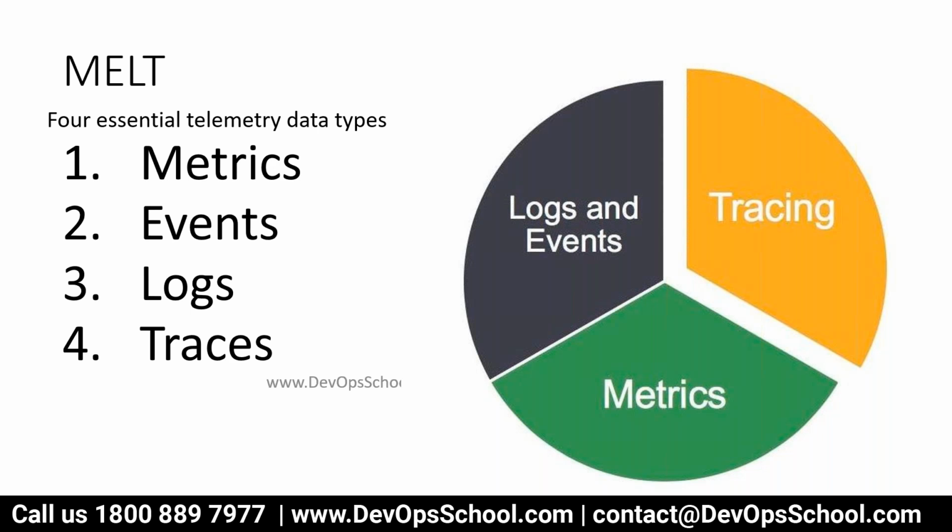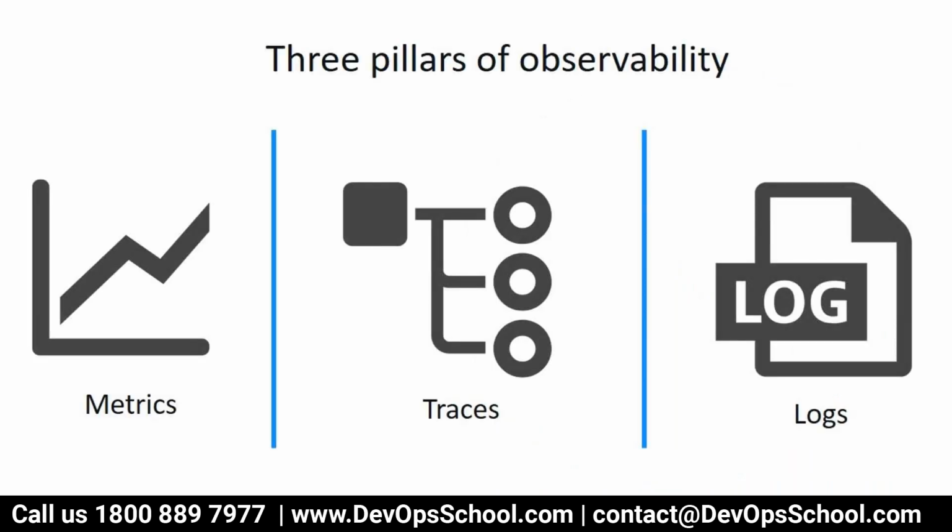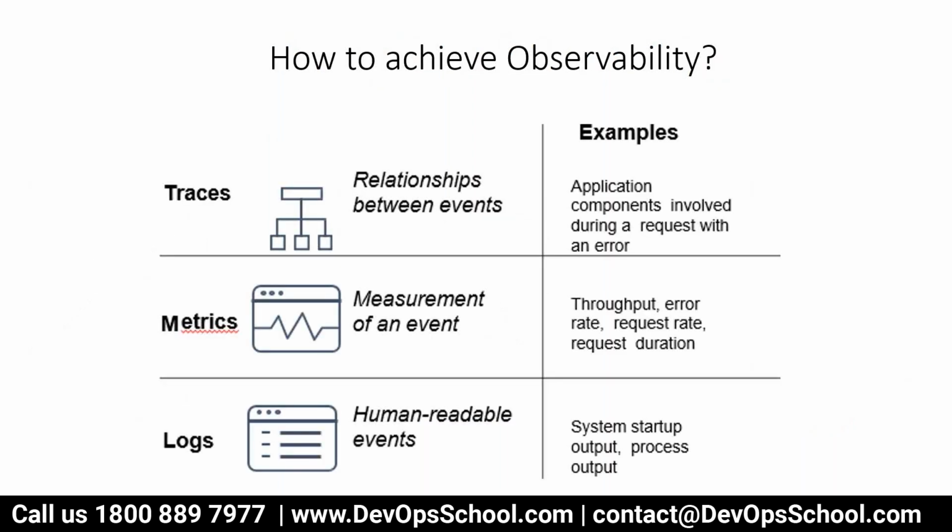That's called observability. If you want to set up observability, you have to have metrics in place in your system, traces and logs, everything at one place. Look at this, how to achieve observability. Traces talk about the relationship between events, metrics are measurements of an event, and logs are human readable events.